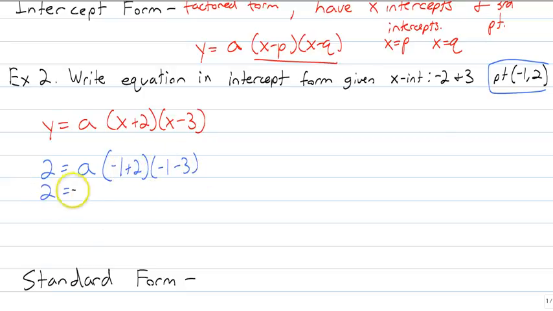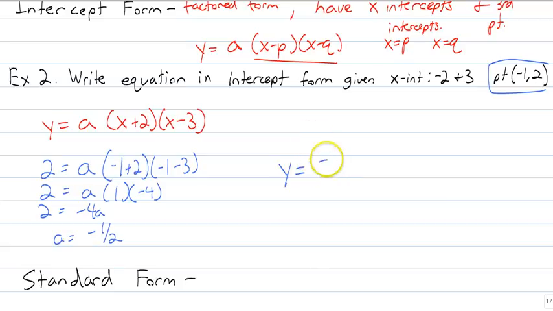So we get 2 equals a times 1 times -4, and so this is -4a equals 2, so you should get a is equal to -1/2. The final step though is to rewrite it in that form. So y equals -1/2 times the quantity x plus 2 and x minus 3.